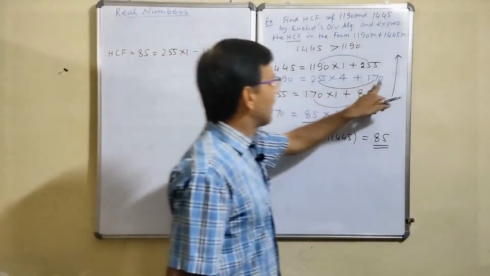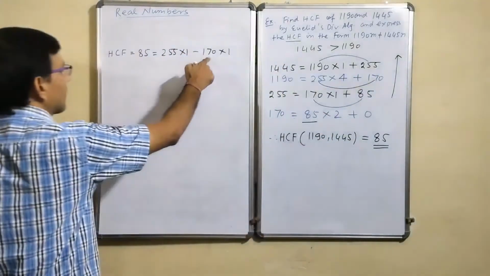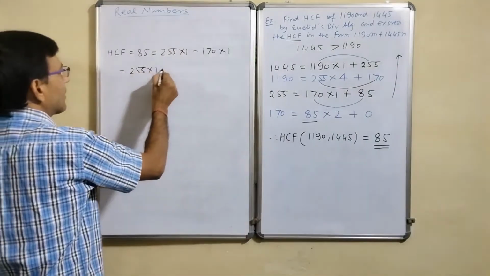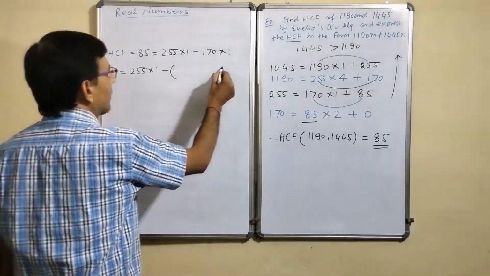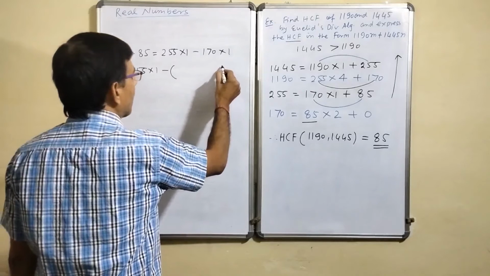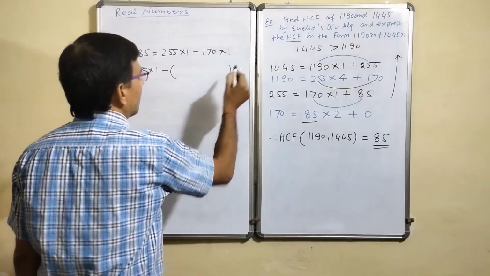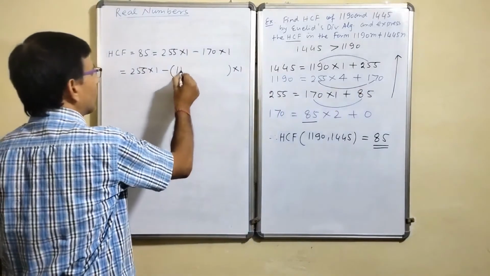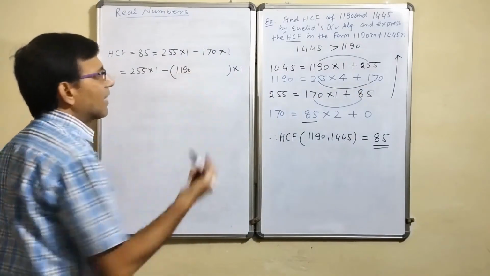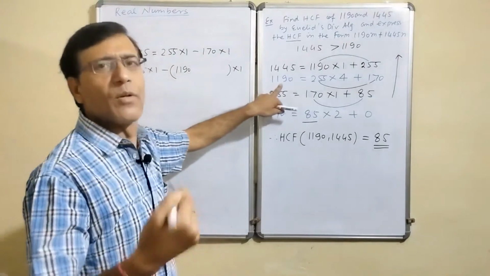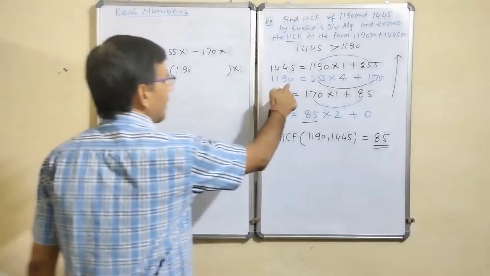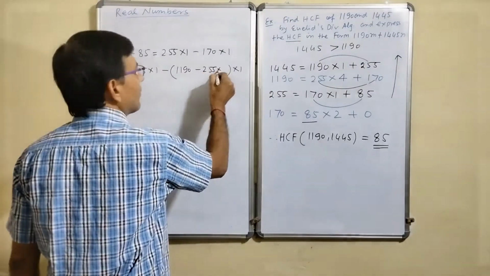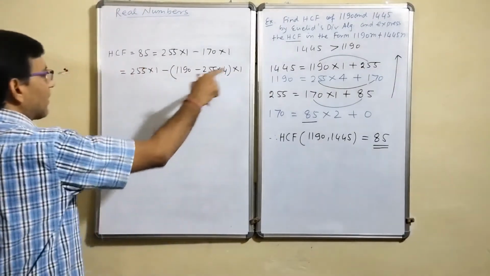Now what will replace 170? 170 is here. So this is 255 into 1 as it is minus 170, and 170 is 1190 into 1 minus 255 into 4. So open the bracket.